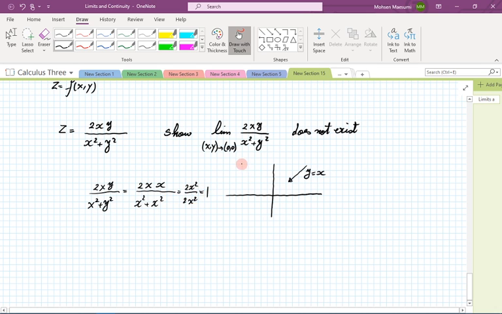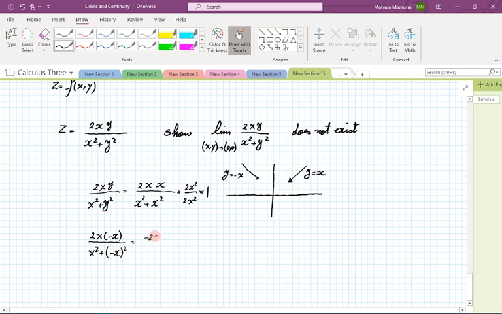Now let's suppose I approach the origin along this line. What is the equation of this line? This is the minus 45-degree line, y equal to minus x. So instead of y I put minus x. I get 2x times minus x over x squared plus minus x squared.